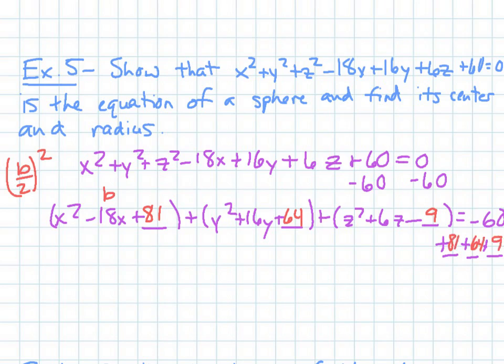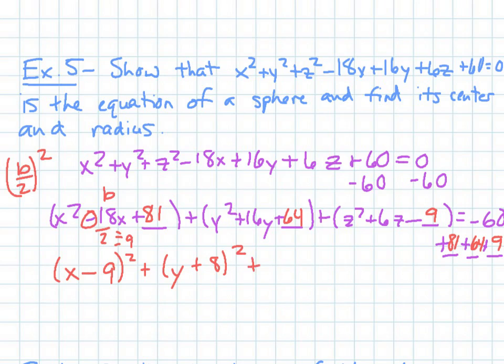So when I complete my square, whatever you got when you halved it, like divided by 2, that was 9. That's the number that you put in when you complete the square and simplify it, and it always has the same sign. So it's negative 9 in this case. Then y, half of 16 was a positive 8, so it's plus 8 squared.